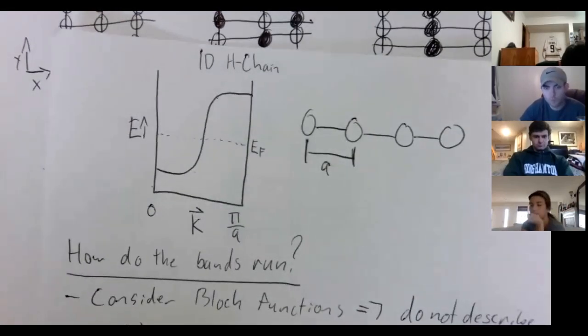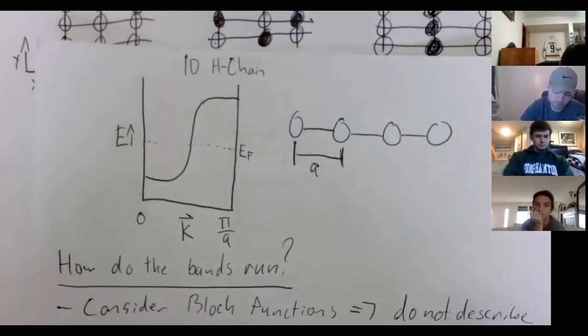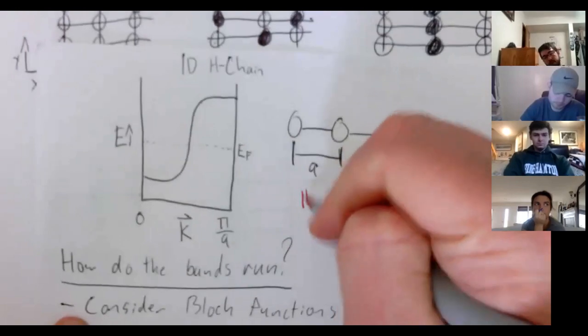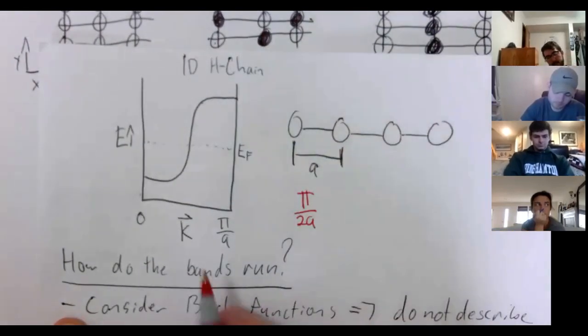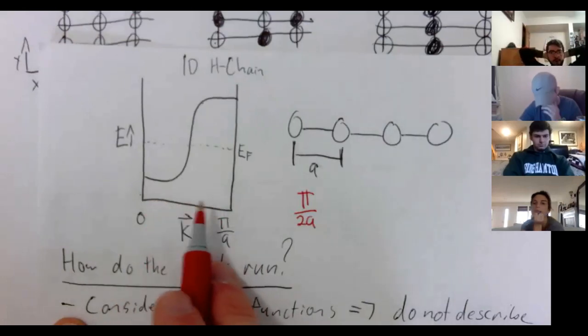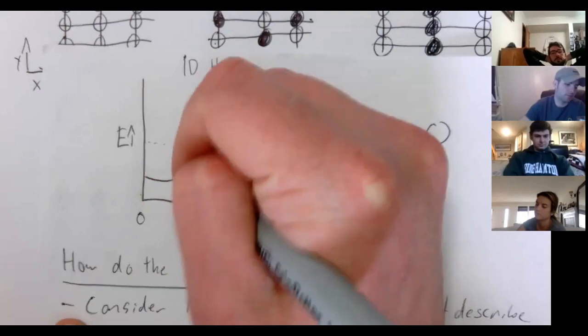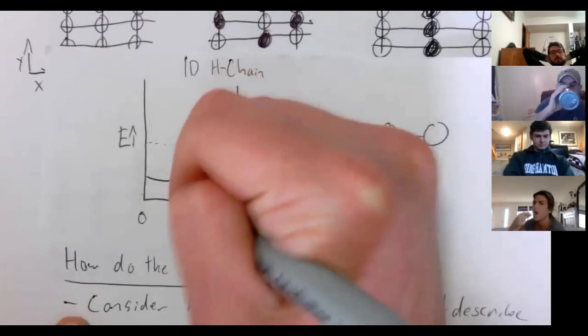This is our 1D system. So we're at pi over 2a. Where on that plot is this? Right in the middle, that's the Fermi level.